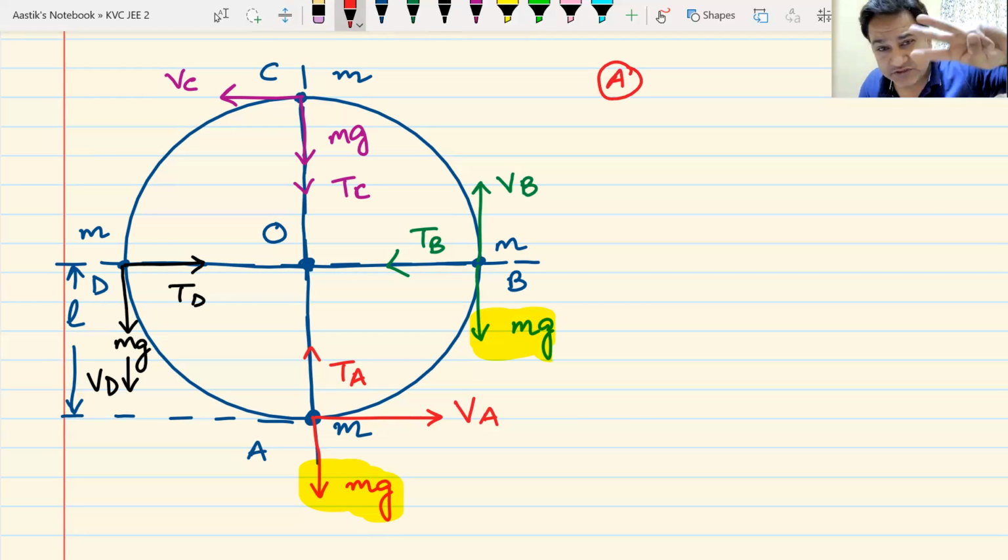I have to write equations in three directions. Now remember, the first direction is the tangential direction, the second direction is the radial direction, and the third direction is the perpendicular direction. Is there any force in the perpendicular direction on this body, whether it is at point A or point B or point C or point D?